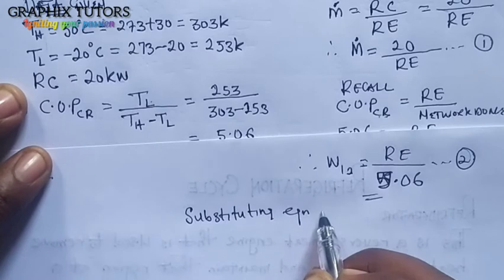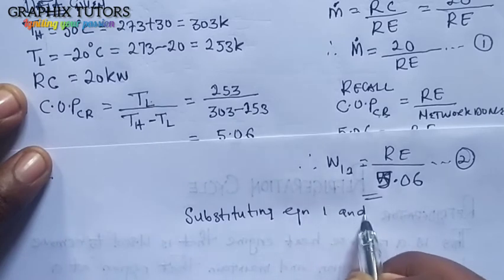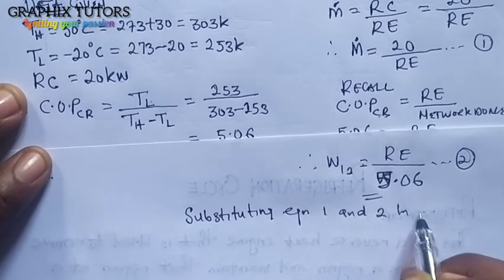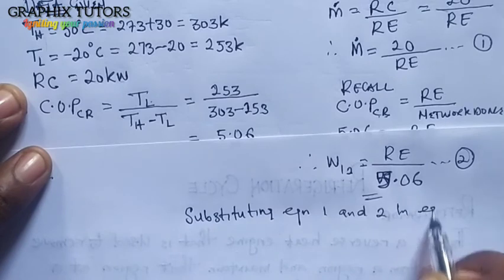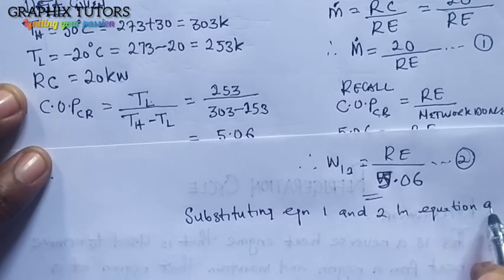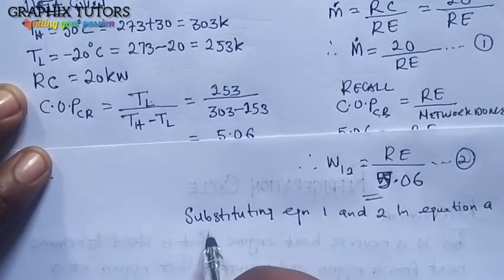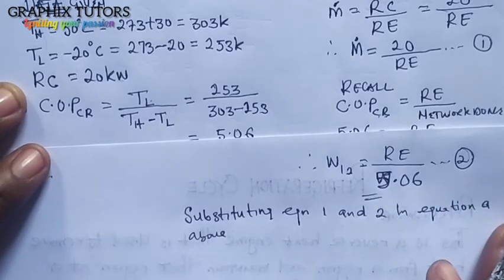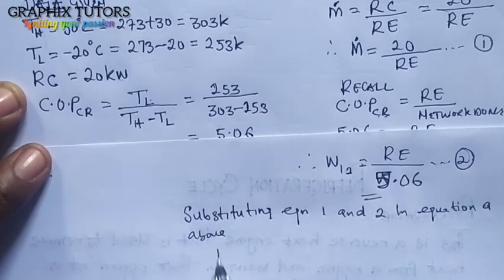So substituting equation 1 and 2 in equation A above, right? Which is giving us work rate is equal to mass flow rate multiplied by W12.